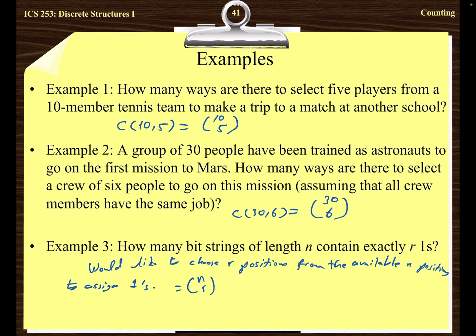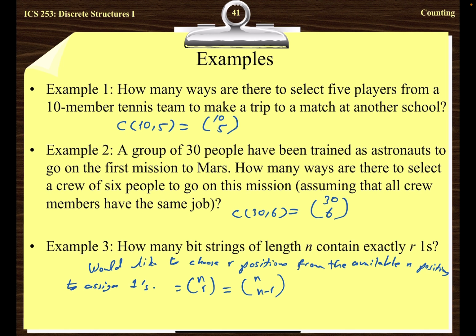Okay. Using the corollary, can anybody tell me why is it also the same as n choose n minus r? What will be the n choose n minus r in this case? Zero. The positions of zeros. And if you have r 1s, how many zeros are we going to have? N minus r.